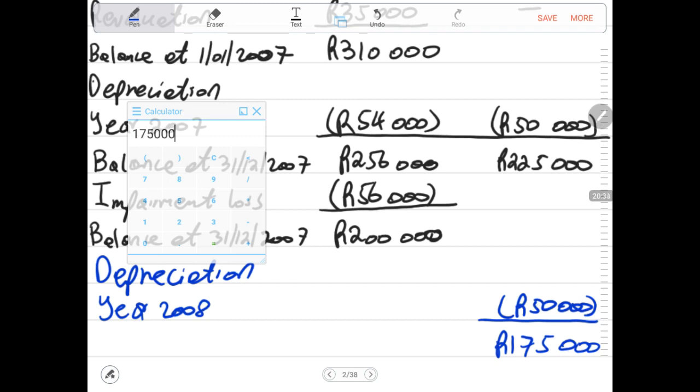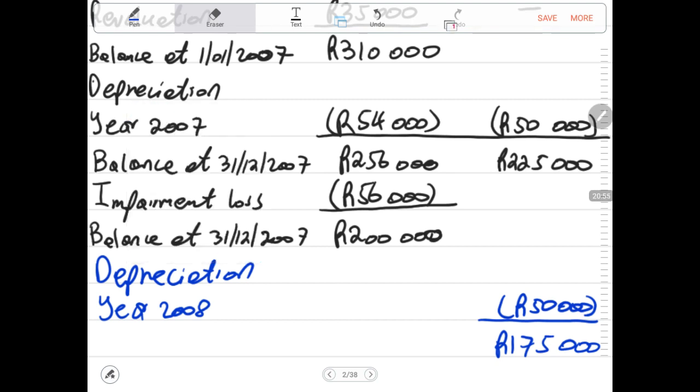If there is a reversal of the impairment, it must not make the carrying amount under our actual column less than the carrying amount under historic. Remember, previously we had an impairment loss of 56,000. So let us continue on that same note.